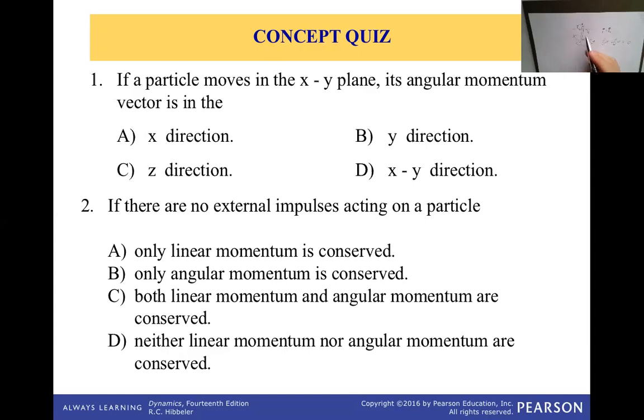So there are no external forces on the hockey stick, and sure, the angular momentum should be conserved. So for C, I feel like this one is a little bit tricky, but if you say C, then I think it's correct.